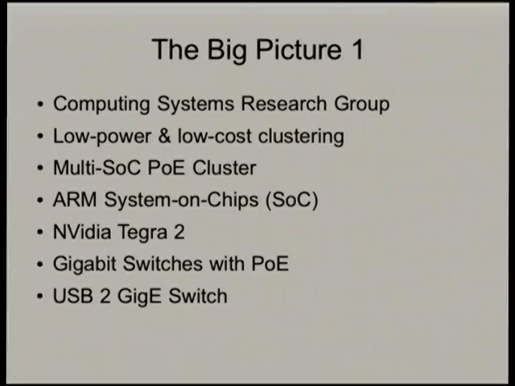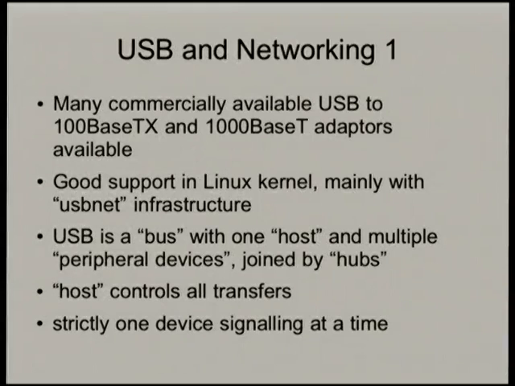That takes us to the USB 2 GigE switch, of which the thing I'm talking about today is a part. So first I want to talk very quickly about USB and networking.